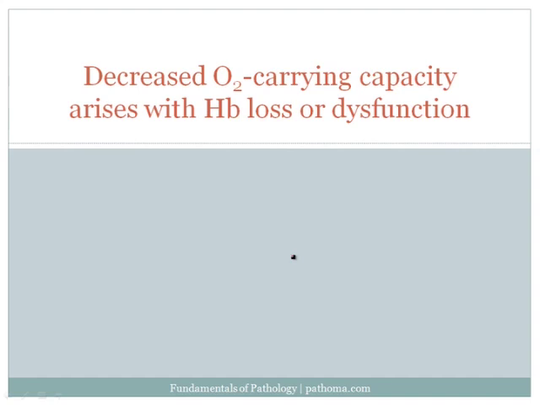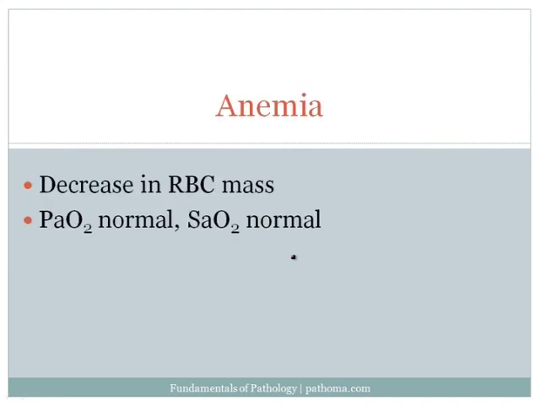Recall from physiology that the vast majority of the oxygen content of the blood is due to oxygen bound to hemoglobin. So if you knock out the red blood cells, or the ability of the red blood cell hemoglobin to carry oxygen, that will also result in hypoxia within a tissue.